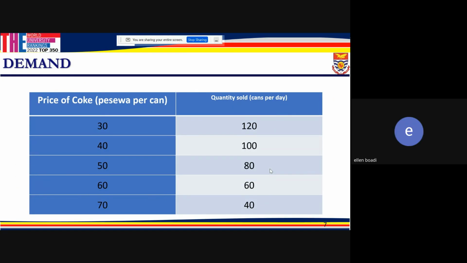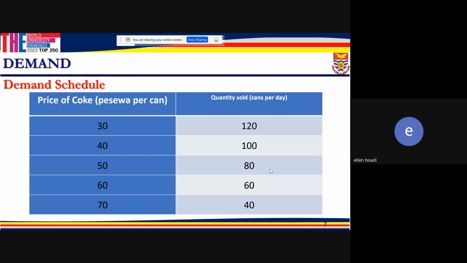So let's have a look at a hypothetical situation. We are assuming that these are the quantities of a can of Coke at various prices, and the prices are expressed in pesos.